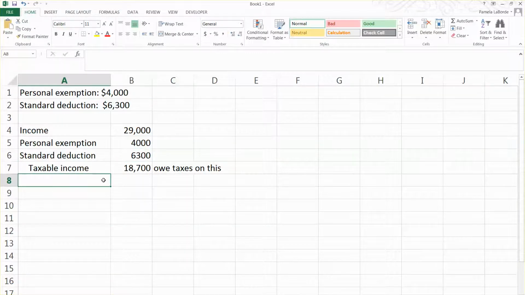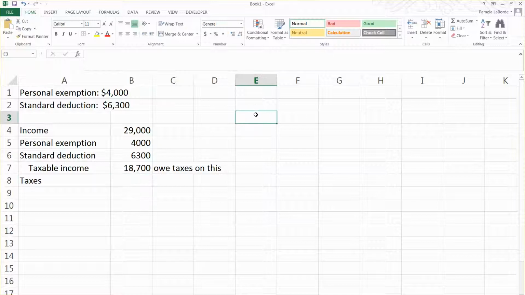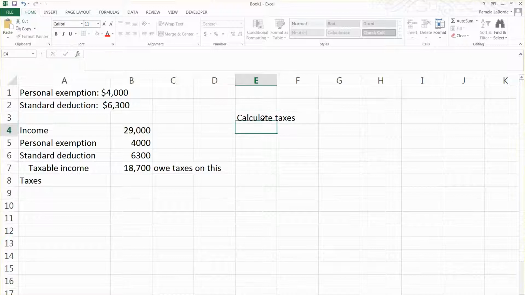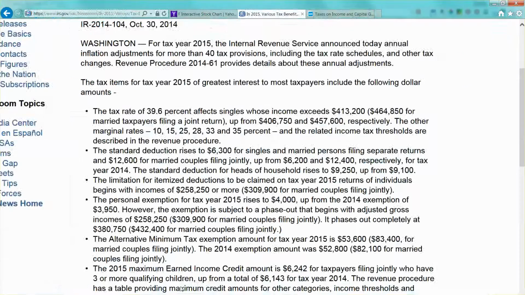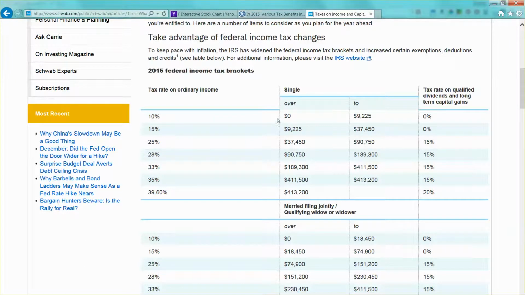But now I need to figure out my taxes. And I'm going to come over here and do a separate calculation because it's not that simple. And it's also not on that website. So here is the 2015 tax bracket for a single person.